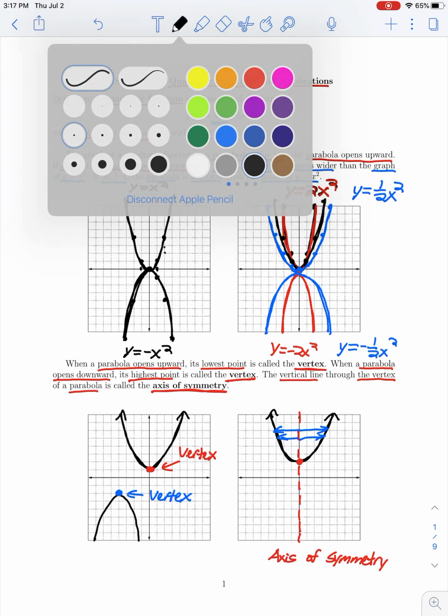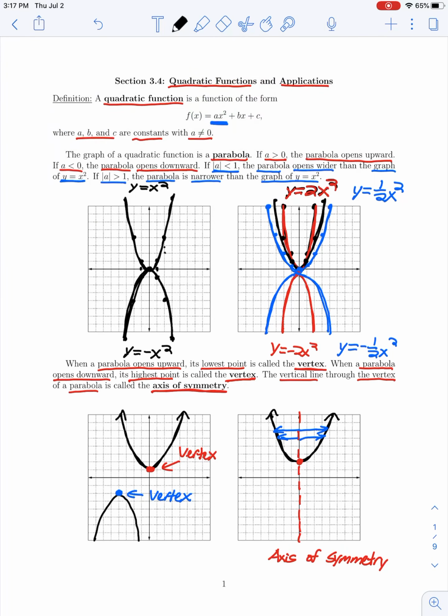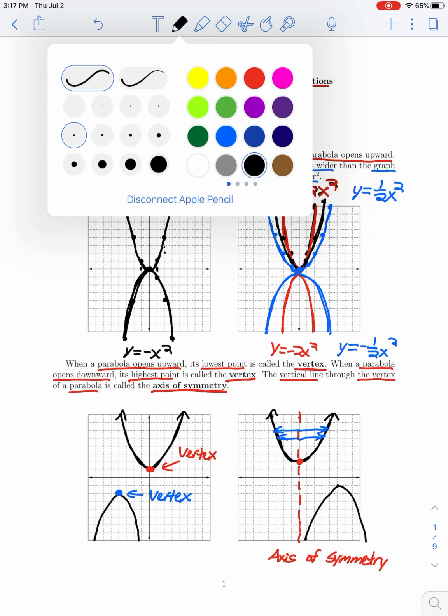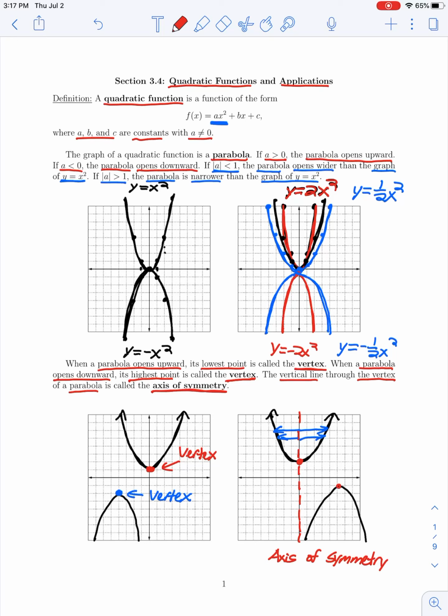So if we had another parabola, let's say something like this, where our vertex would be the largest value on the curve, our axis of symmetry would be the vertical line that passes through that vertex. So regardless of whether it opens upward or downward, the vertical line passing through the vertex of a parabola is that axis of symmetry. Okay.